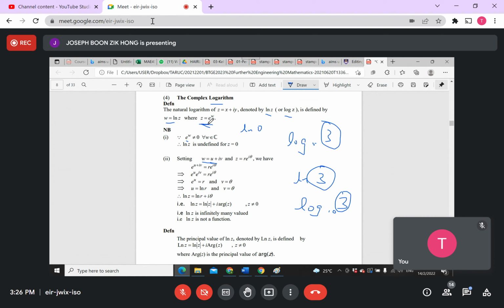Since w is u plus iv, and z is e^w, that means e^(u plus iv) can be referred to re^(iθ), where this part is e^u times e^(iv).